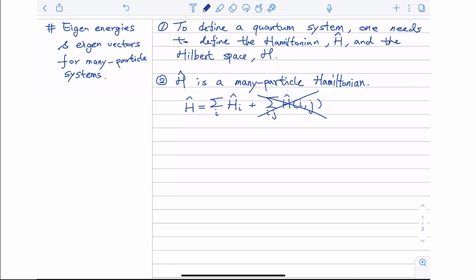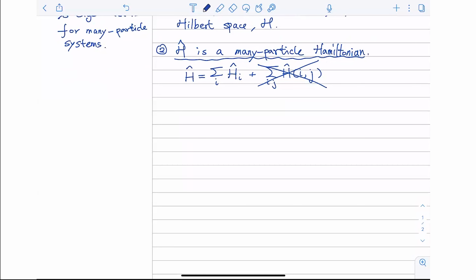And whenever we are discussing a many particle Hamiltonian, the corresponding eigenenergy of this Hamiltonian, basically, if you diagonalize it, you will get two pieces of information.